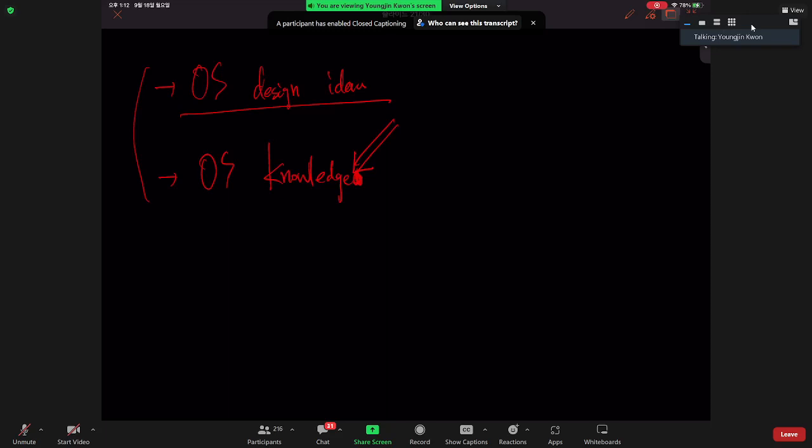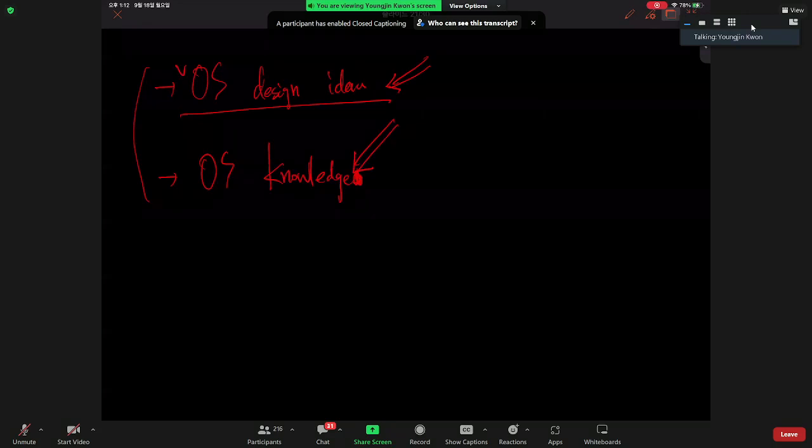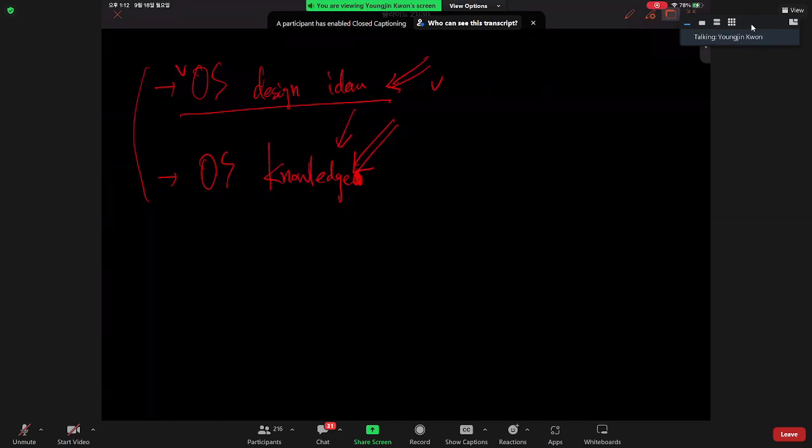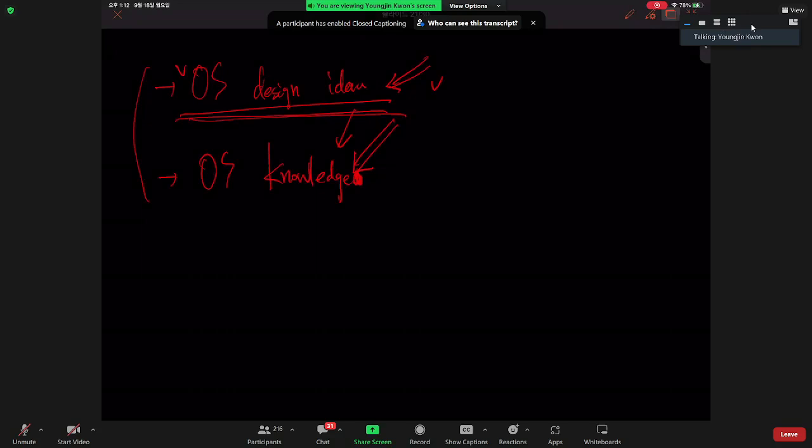So that has to be the main focus of operating systems, I believe, personally, philosophically. But this one is really abstract and takes a lot of time to get used to, learning design ideas. So I bring up some simple ideas and mostly talk about OS knowledge in the course. That's a limitation. But you should not miss this OS design idea.